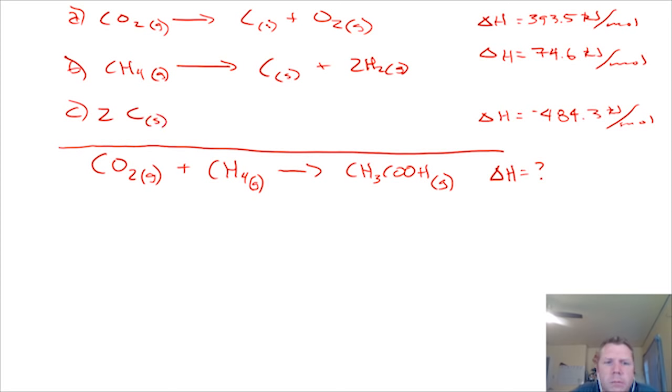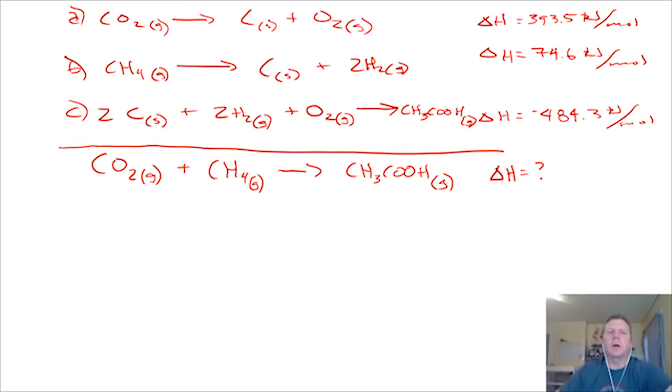Now my third reaction here is 2C(s) plus 2H2 gas plus O2 gas yields CH3COOH gas. Okay. Now, when looking at all of these different components, what's important to think about is, what is my aim?